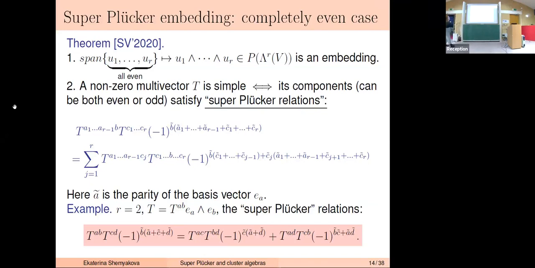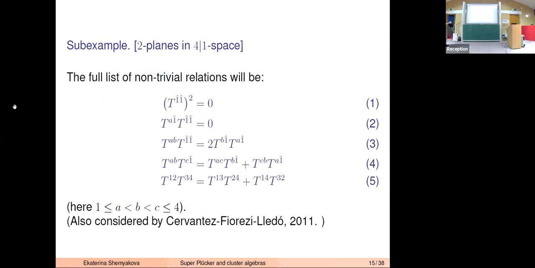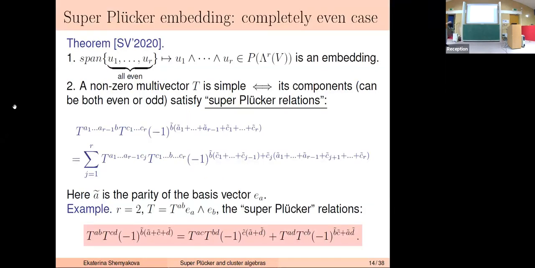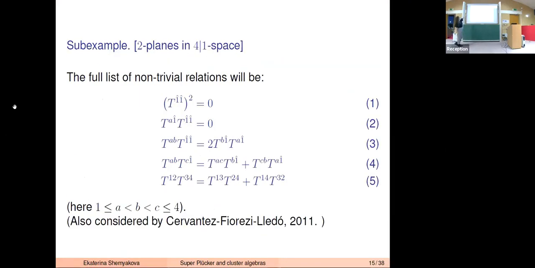Again, it's all on arXiv, I posted the slides. Specifically, let's take a sub-example of this example, because this example is still for a large ambient space. Let's consider 2-planes in 4|1 space. Then the relation is going to be this one, so you can rewrite it, and you see that you have some awkward relations.